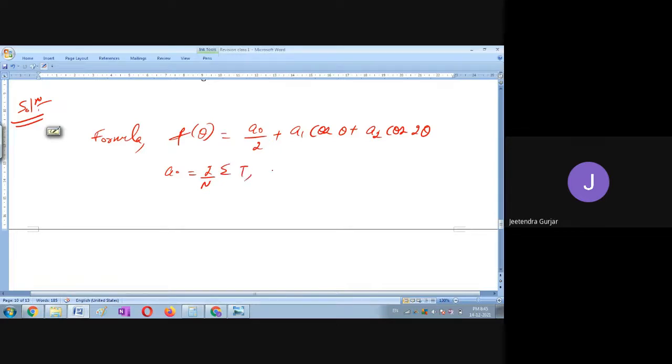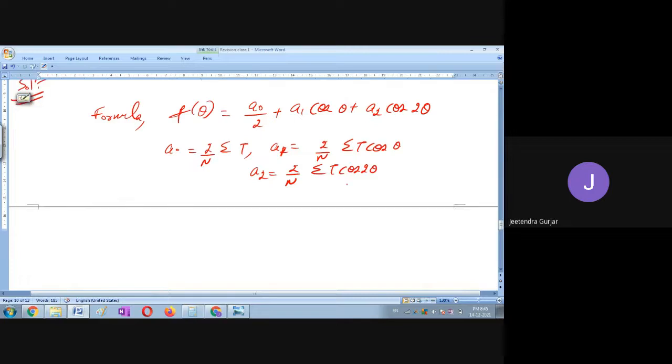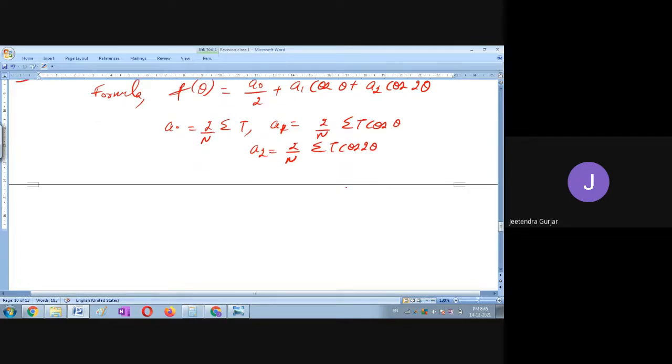And a1 is 2 upon n summation t cos theta, and a2 is 2 upon n summation t cos 2 theta. So you have to remember this.